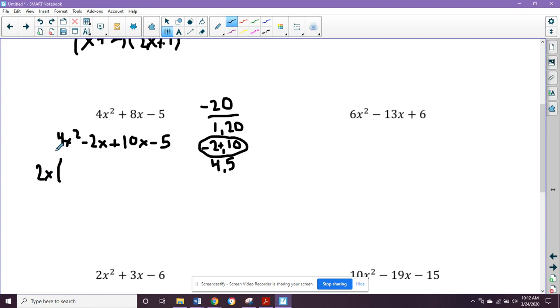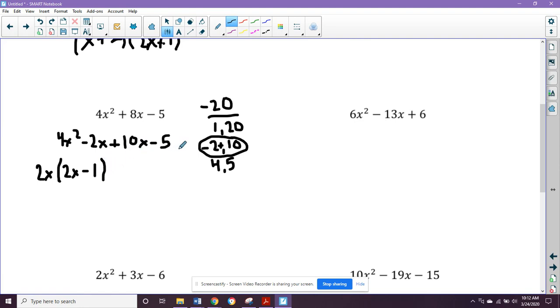If you take out 2x, 4 divided by 2 is 2. X squared divided by x. If you take 1x out, you're still left with 1x. And then 2 divided by 2 is 1. And then x, when you take out an x, you don't have any x's left. So then we still have the negative, so it'd be minus 1.